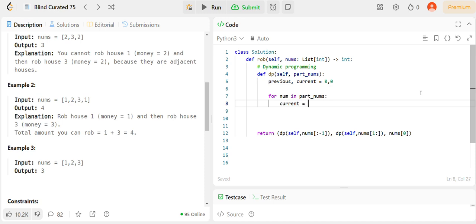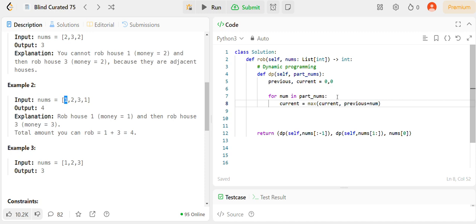The current is the maximum amount we can rob so far, and then we use the previous maximum plus the house we are deciding to rob or not.